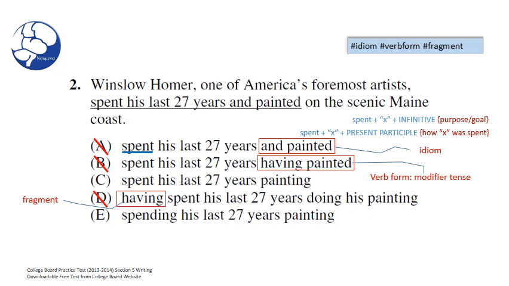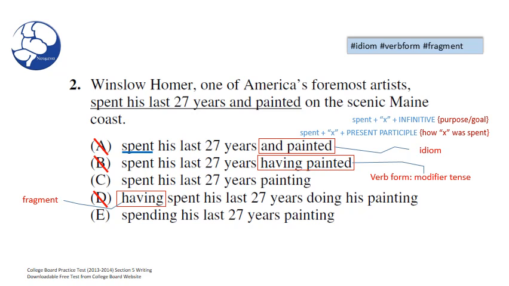C, we have painting, which is present participle form, and we know now how he spent his last 27 years, but I'm just going to hold on to C and skip down to D. Here, we have the verb form having. Winslow Homer, one of America's foremost artists, having spent his last 27 years doing his painting.